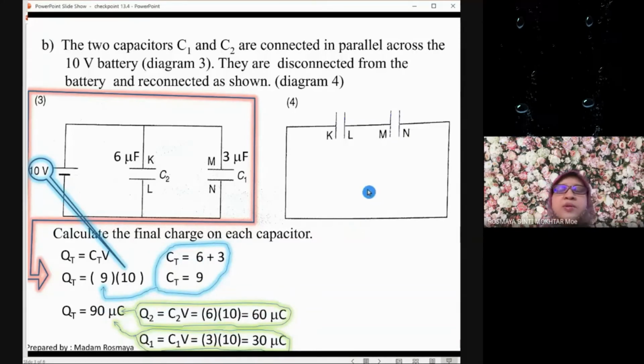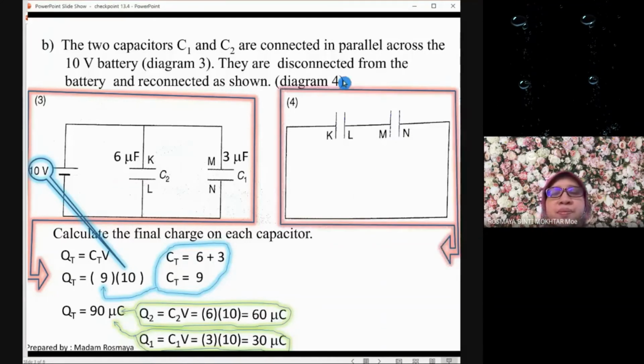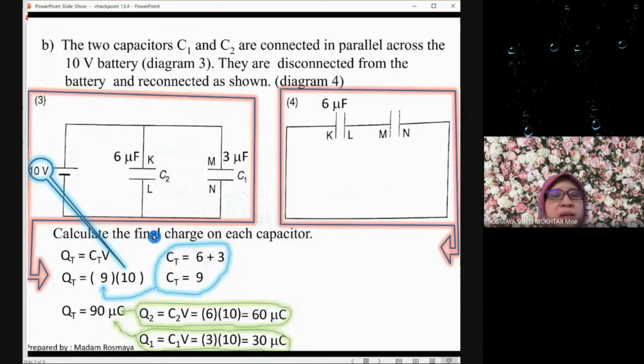Now we go to the next part, after the battery is disconnected. The question asks for the final charge. The final charge on each capacitor is now no longer 60 and no longer 30, because the charge can move freely in the circuit here.